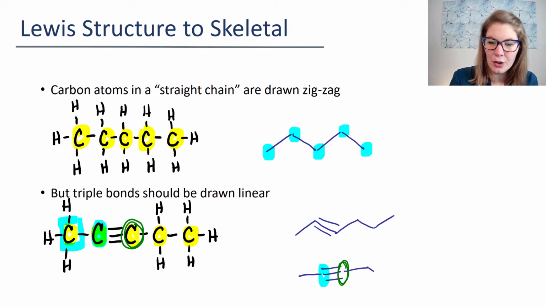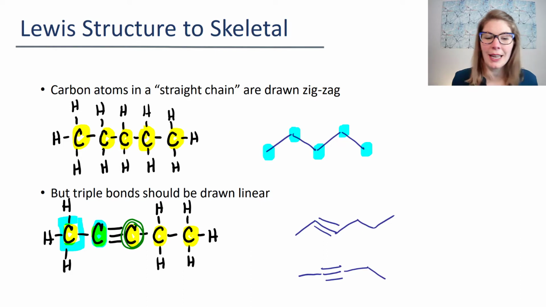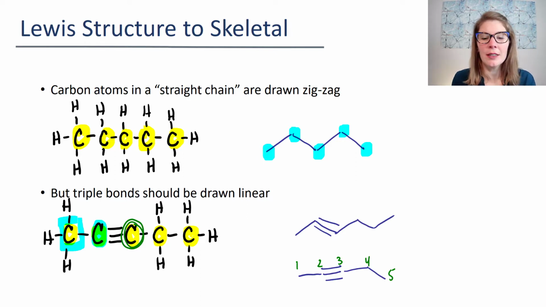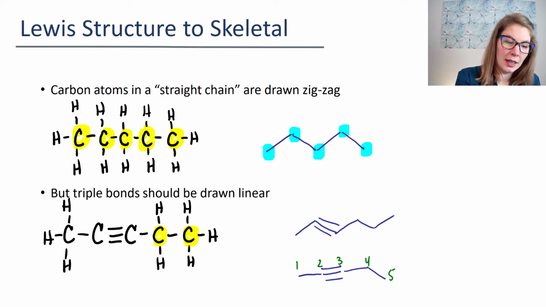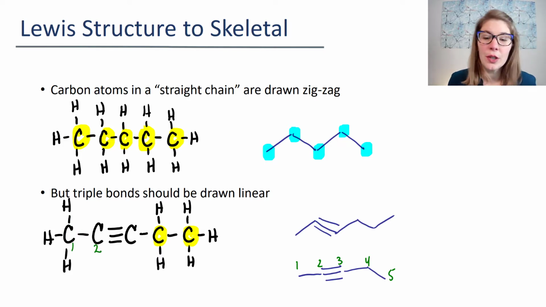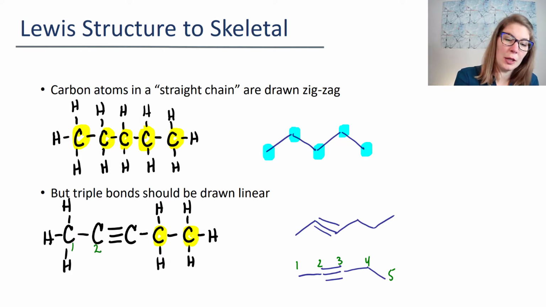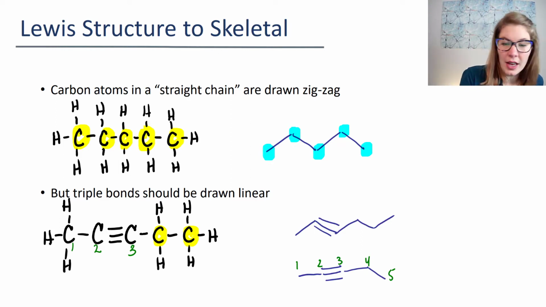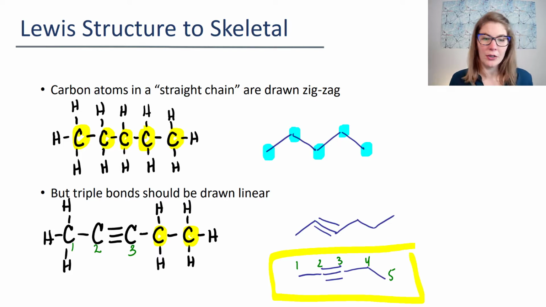Then I have 2 carbons attached, and remember every bend is a carbon. So let's go ahead, I'm going to erase some of that work and I'm going to count them. 1, 2, 3, 4, 5. So I have 5 carbons where between carbon 1 and 2 there's a single bond, and between carbon 2 and 3, there's your triple bond. This is the correct structure for skeletal notation.